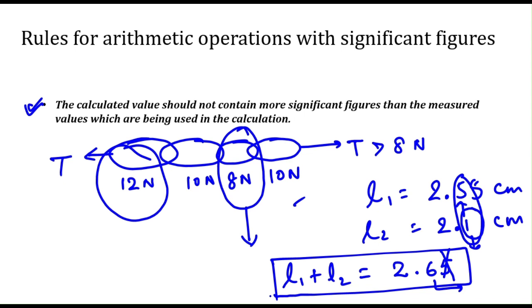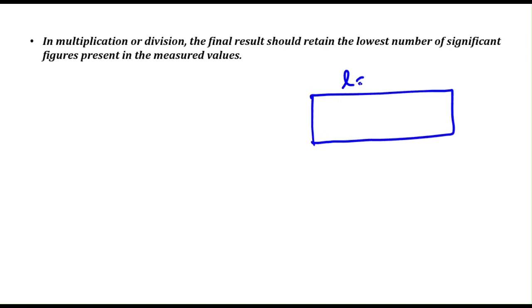Okay, let's discuss a little more about it. If we are doing multiplication or division, the final result should retain the lowest number of significant figures, as we have discussed earlier. So let's take an example, then it will be more obvious. Let's say we have measured the length of a rectangle.